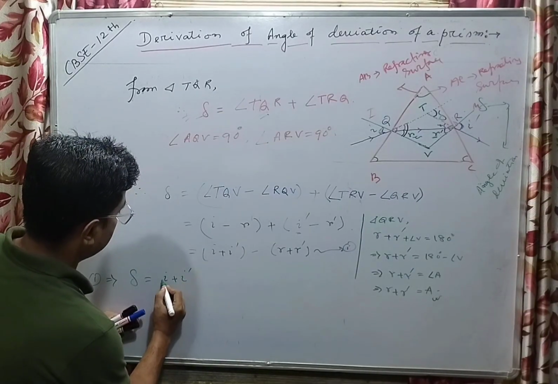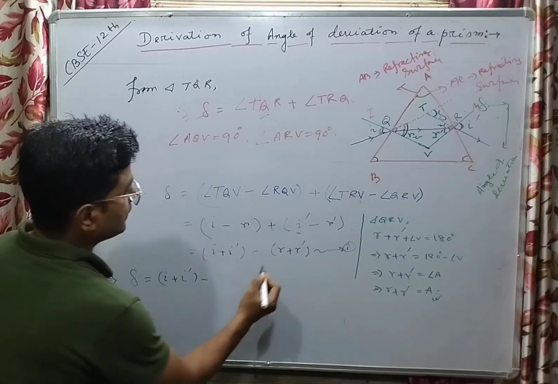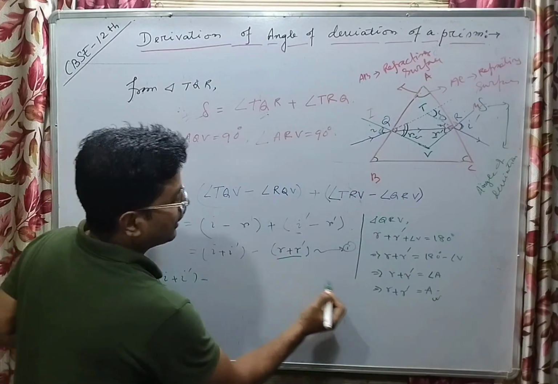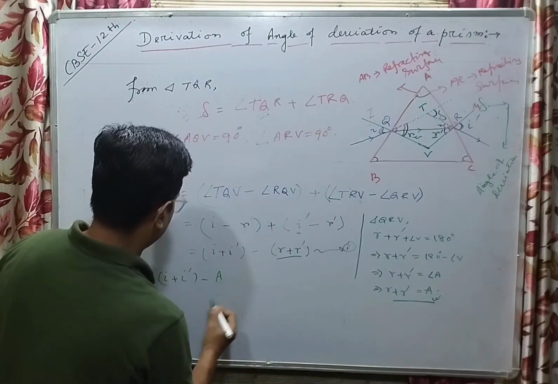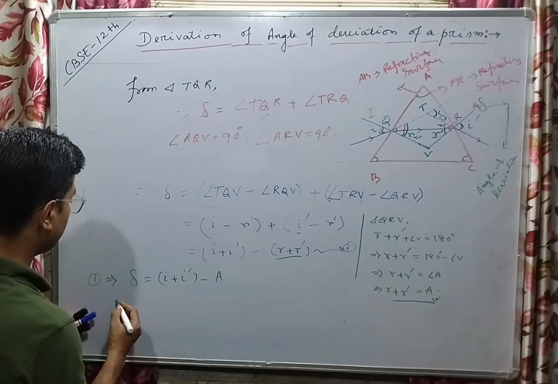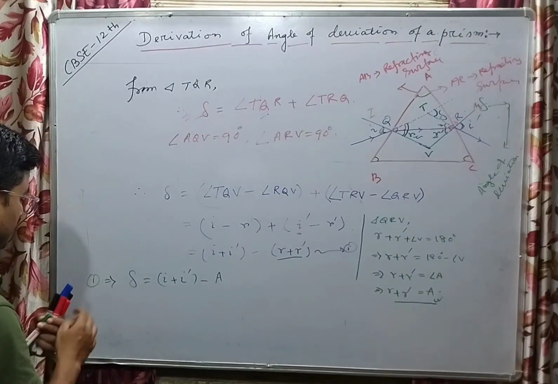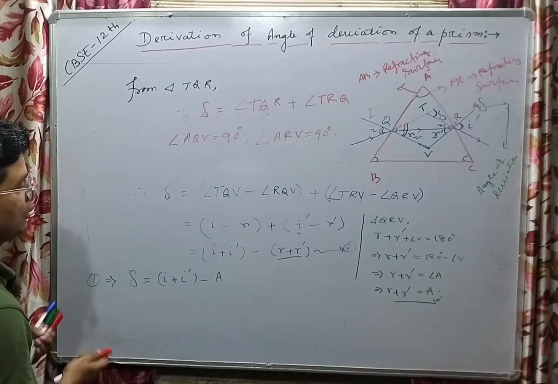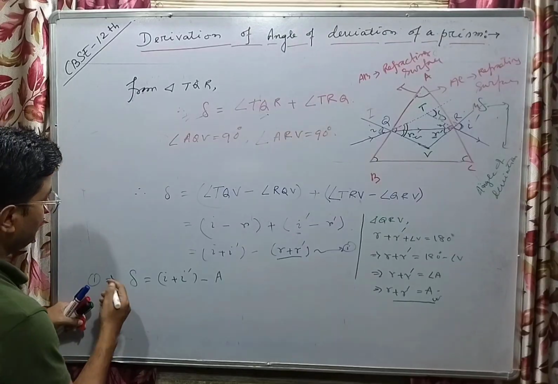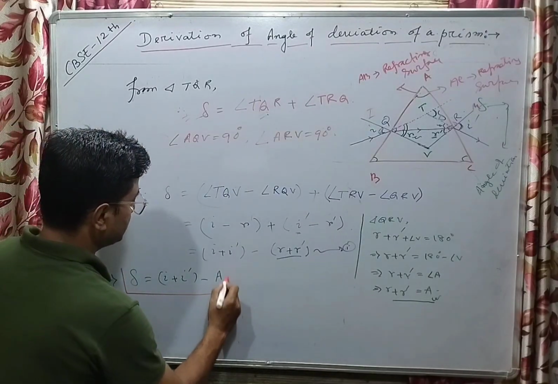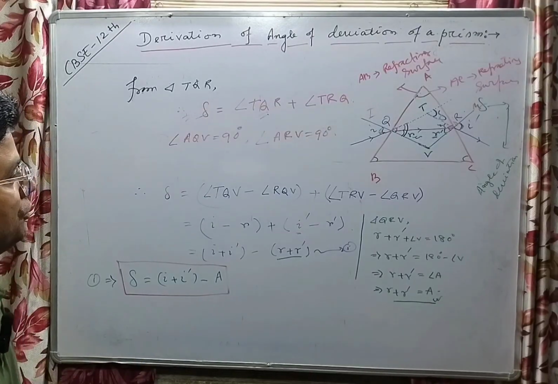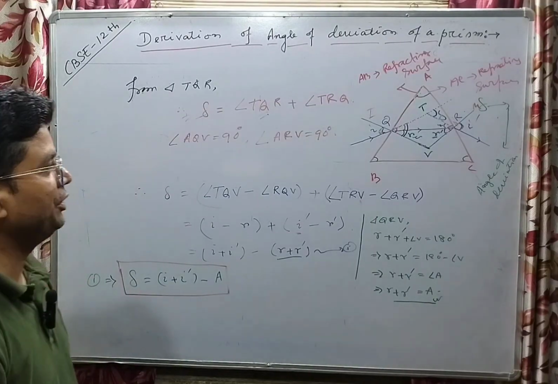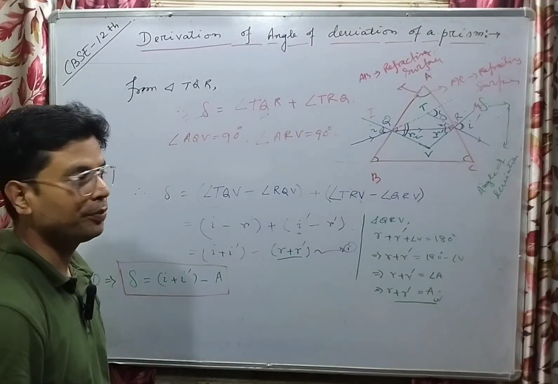I plus I dash minus r plus r dash. r plus r dash is equal to what? A. Students, this is the important expression of the angle of deviation of a prism, which is very, very important.